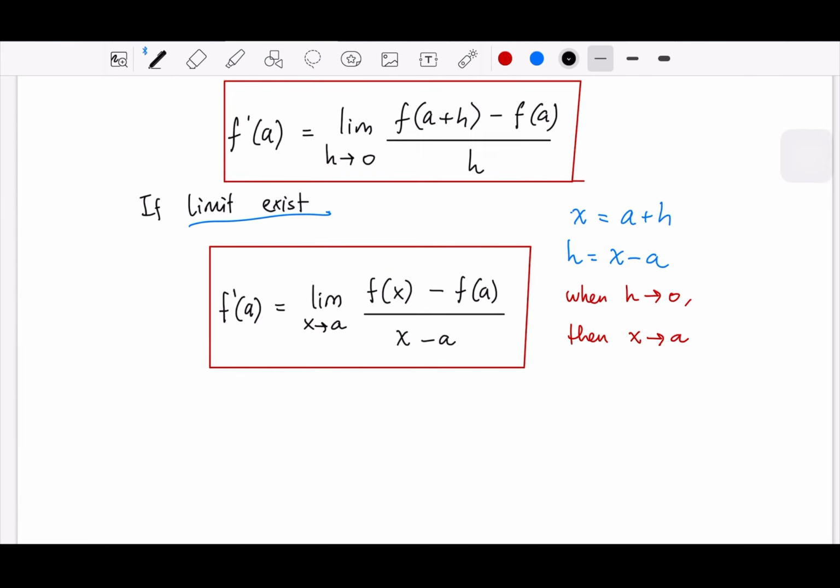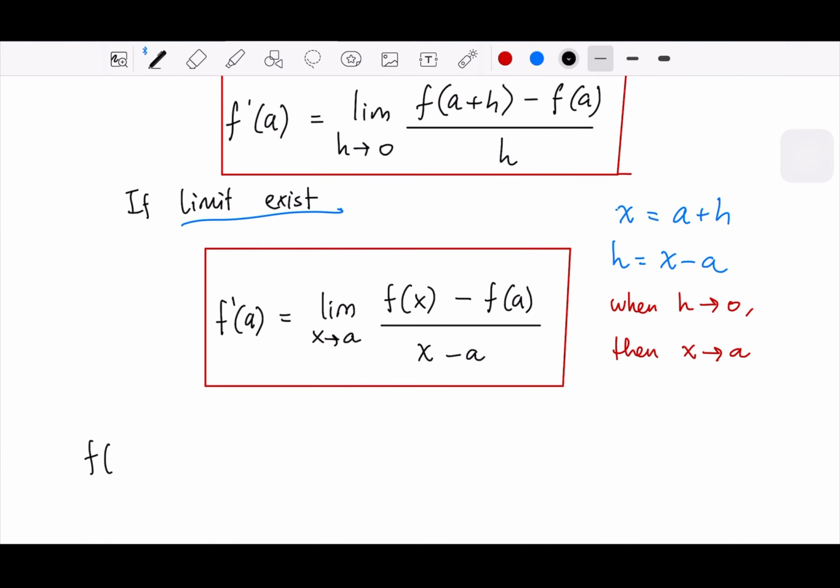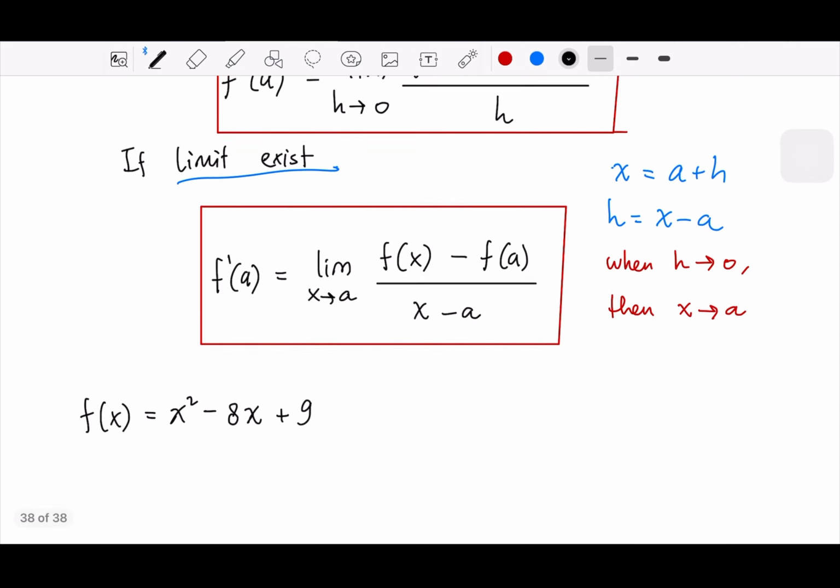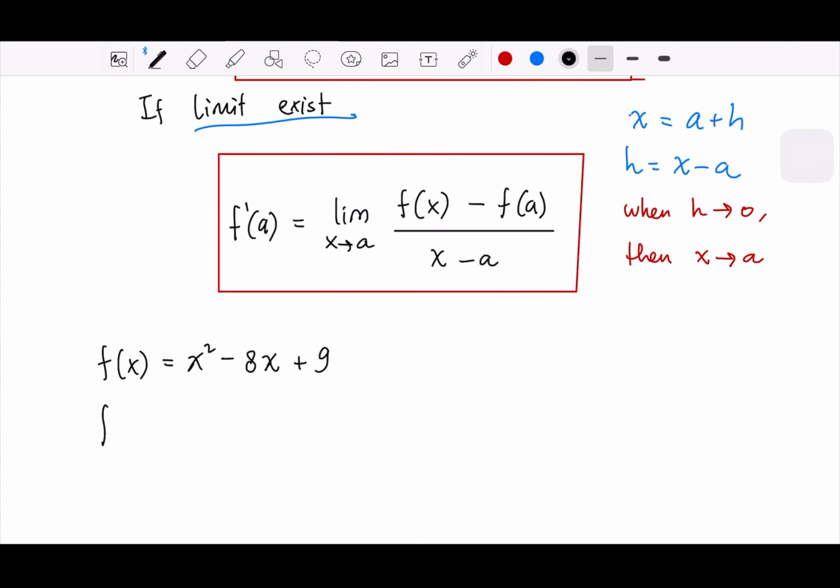Okay, so if we have, yeah, let me just give you a polynomial like that. If we want to evaluate the derivative at number 2, then actually we are going to use the limit process.